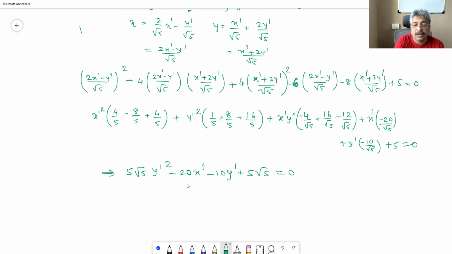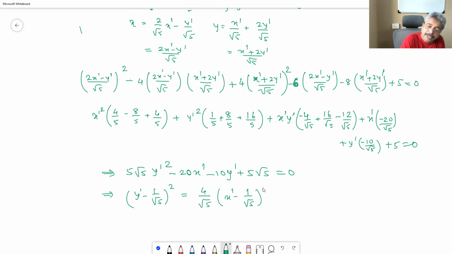You got rid of basically xy term as well as x square term. Okay, now you can make it complete square. So y dash minus 1 upon root 5 bracket square is equal to 4 upon root 5 into x dash minus 1 upon root 5 bracket square. Okay. So this is the complete square of this expression, because y square is there.